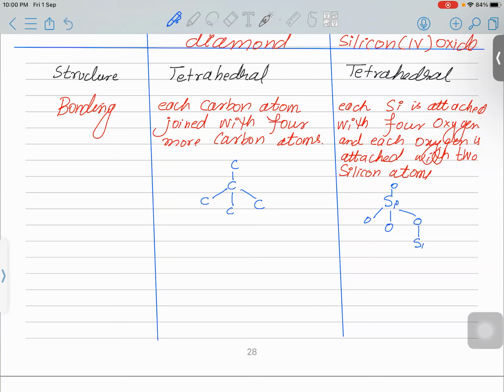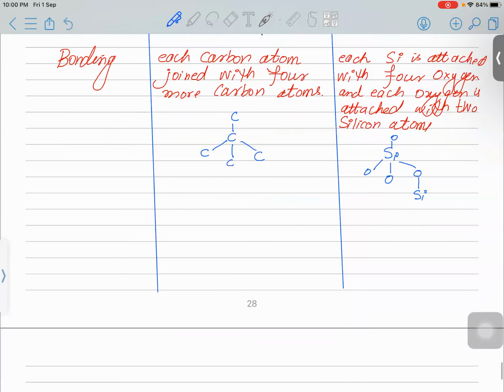You know that tetra means 4. So diamond is bonded with 4. That's why its structure is tetra. Similarly, silicon is bonded with 4. That's why it is tetra. Are you getting my point or not? Okay, sir.